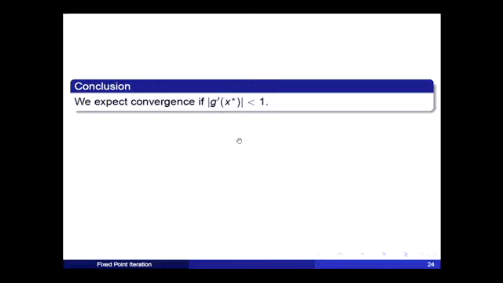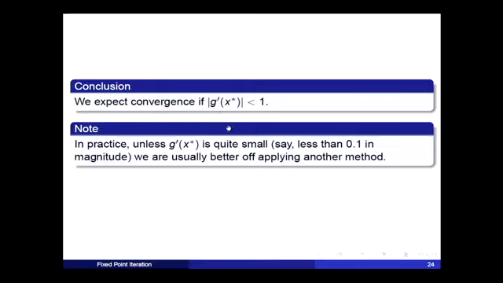So that is why the first example converges to a solution, but the second does not. Unless g prime is very small, the convergence is slow, and then you have to use other methods.